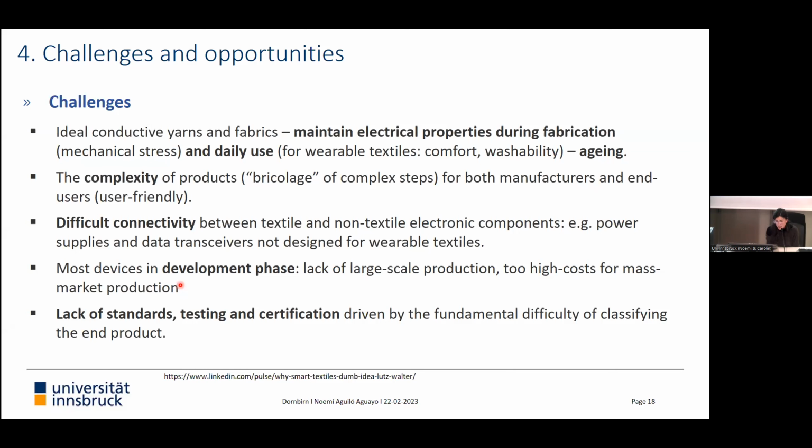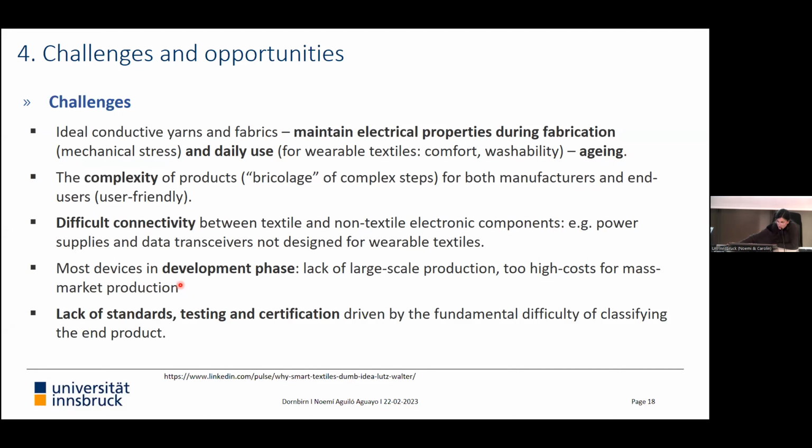There will be some mechanical stress, and the electrical conductivity needs to remain the same, and also after daily use, especially for the aging. They will be aging. So these are some challenges of these conductive structures.